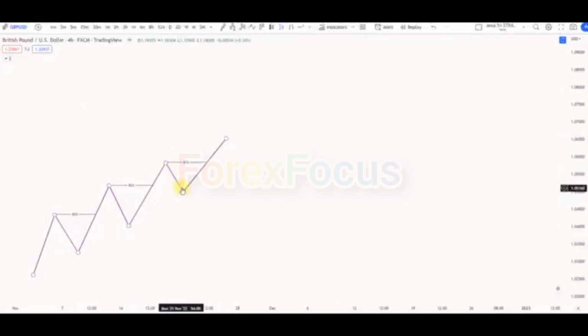All right. On the lower time frame, every pullback that you see here is going to look like it's creating a lower high, lower low, until it reverses back to the upside and continues with the higher time frame trend. Then what you do is you wait for the market. You go to the lower time frame and you wait for the market to basically create a lower high, lower low.